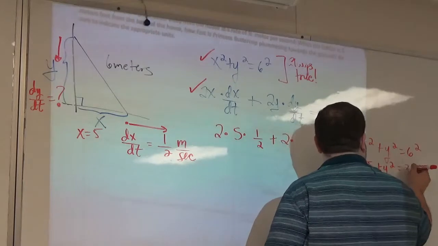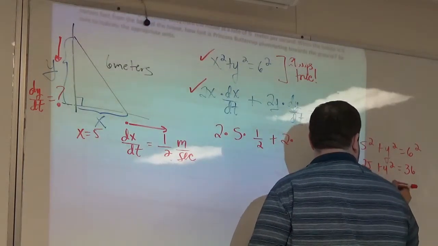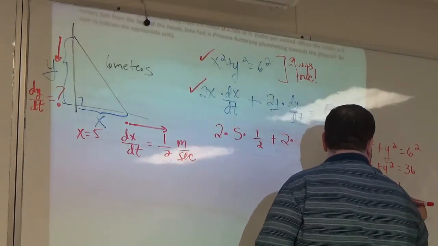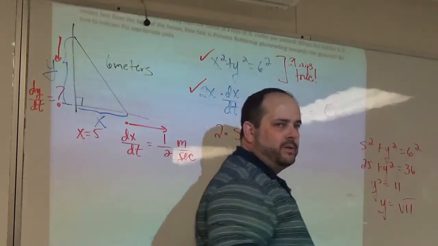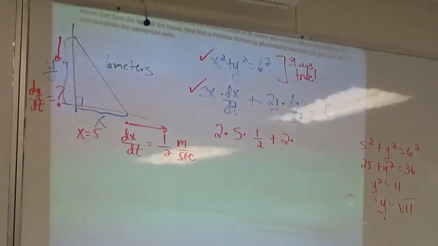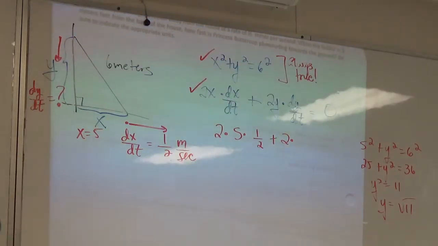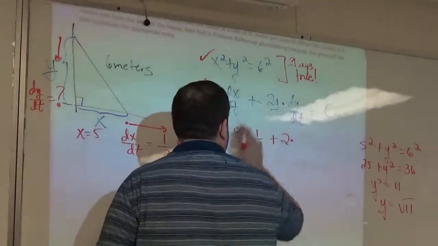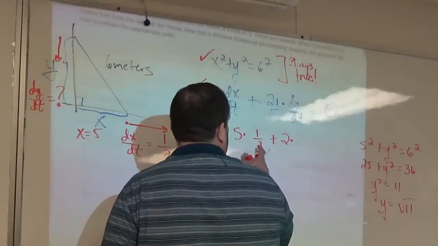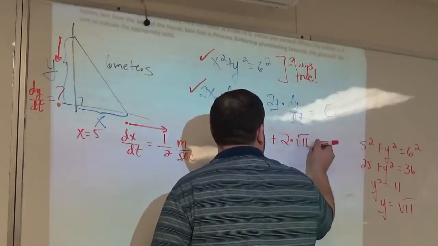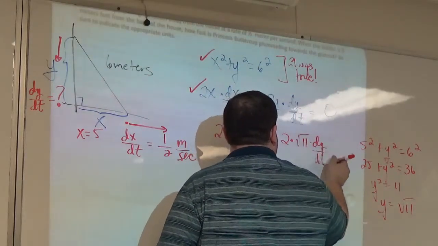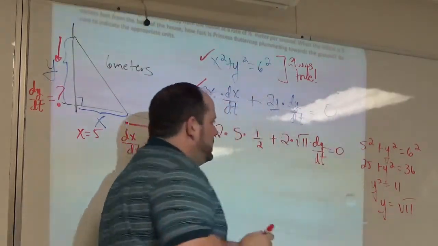So 25 plus y squared is 36. y squared is 11, and y equals the square root of 11. I'm not going to worry about plus or minus the square root of 11 because that y represents a height. So my equation, when I put everything back together: 2 times 5 times 1/2 plus 2 times the square root of 11 dy/dt is equal to 0.